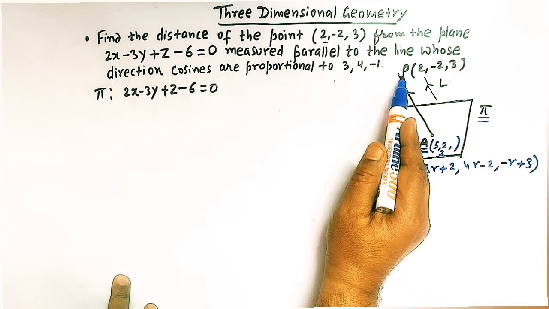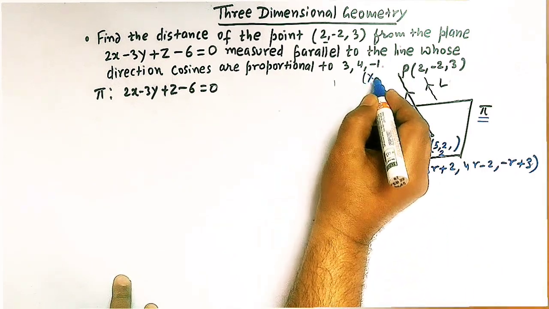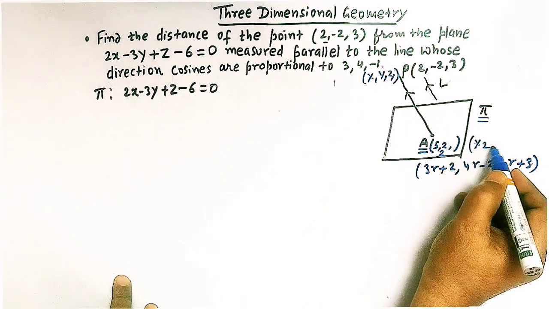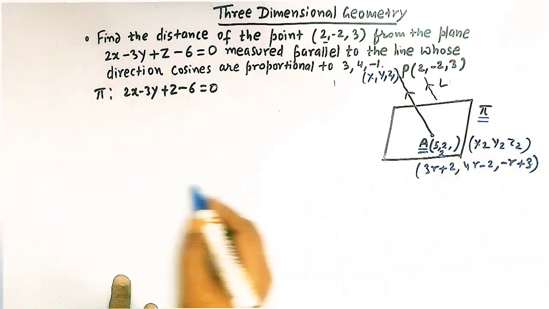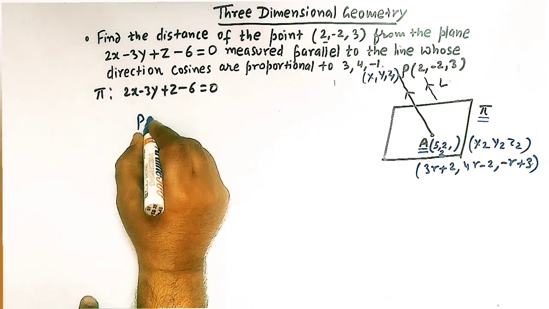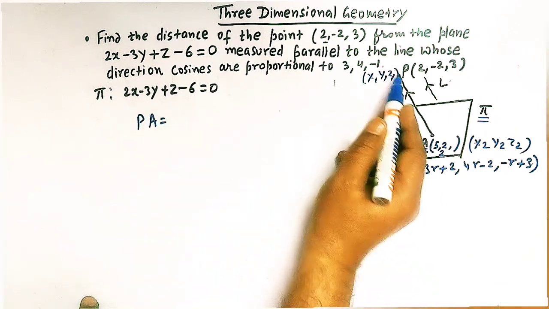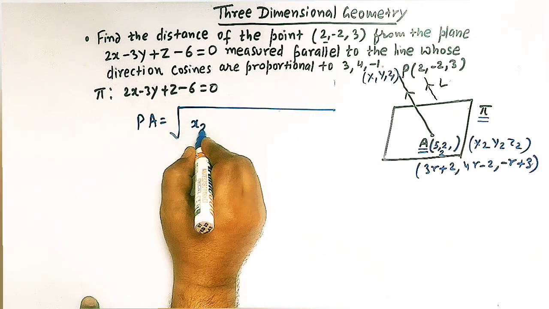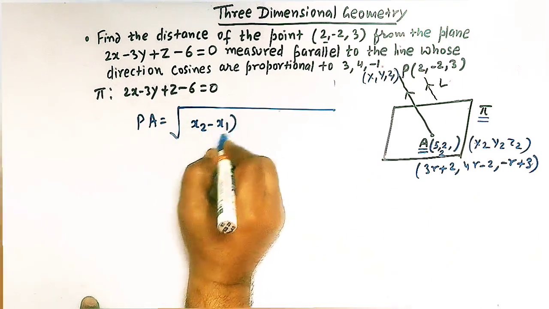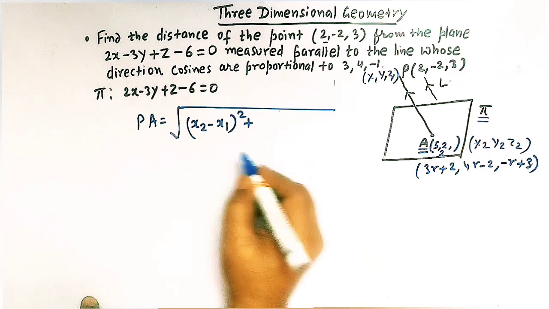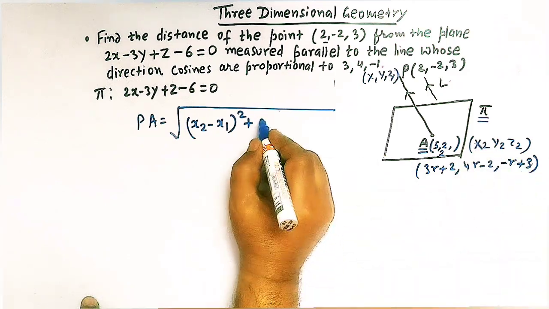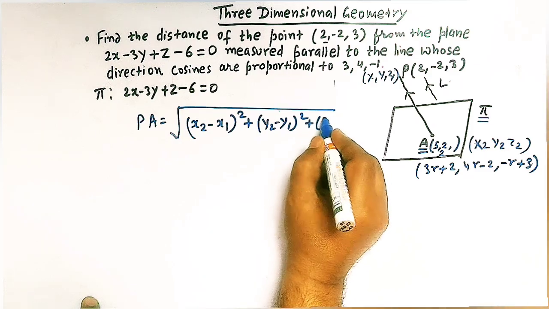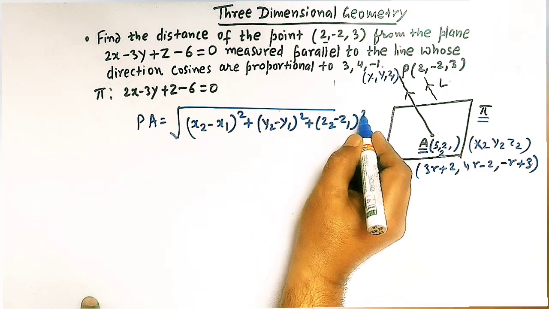So now if we take this point P as x1, y1, z1, and this point A as x2, y2, z2, then according to the distance formula, the distance PA is the square root of (x2 minus x1) squared, plus (y2 minus y1) squared, plus (z2 minus z1) squared.